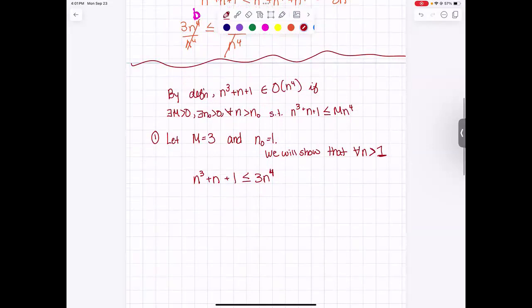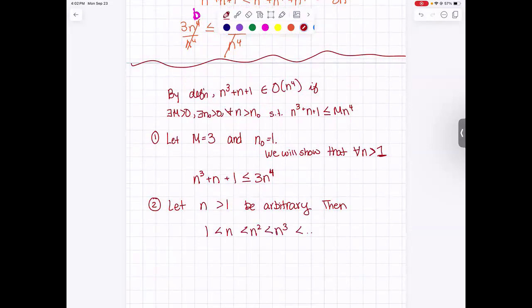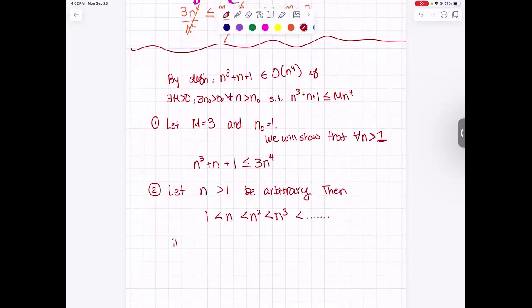Okay, so pardon me, we have to sort of let n greater than 1 be arbitrary because it is a for all. So let's just say that. Let n greater than 1 be arbitrary because it can be any number in that number space. And if that's the case, then we can say that 1 is less than n squared, less than n cubed, etc.